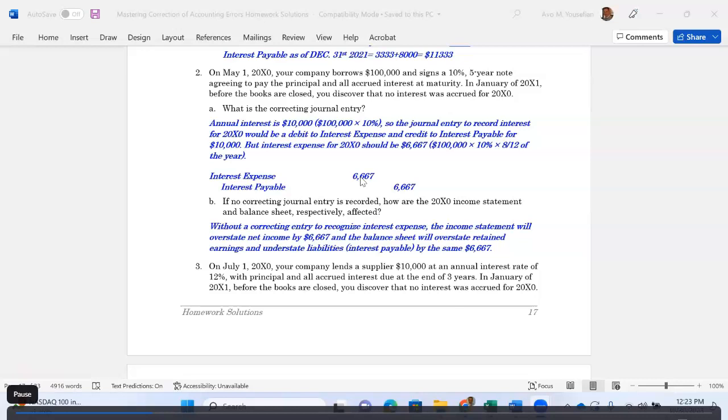If net income is overstated in the income statement, then in the balance sheet, eventually your retained earnings will also be overstated. How about the liability if you don't record it? Then liability will be understated in the balance sheet. Make sense? Okay, good.